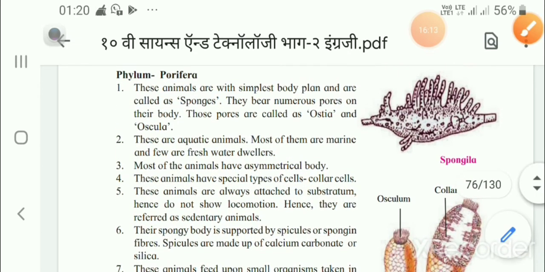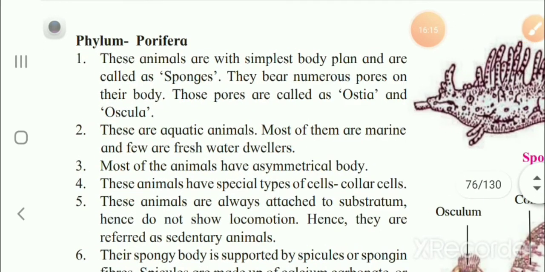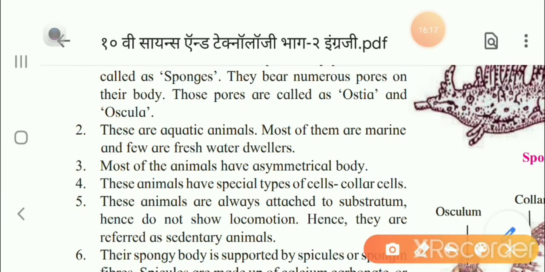Here these animals are having the body which is like the sponge. That means these animals are with simplest body, and they are called as sponges. They bear the so many pores on the body, and these pores are called the ostia and oscula.